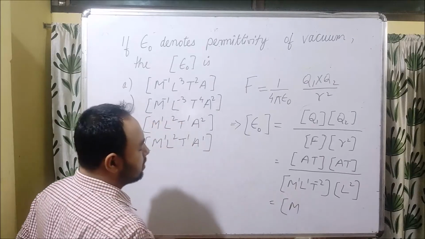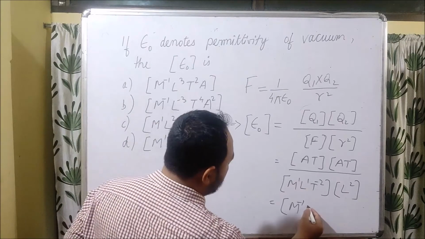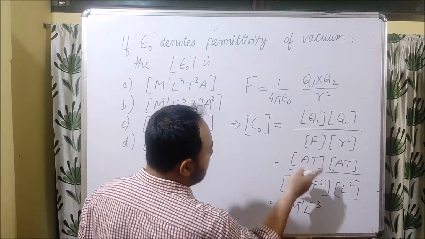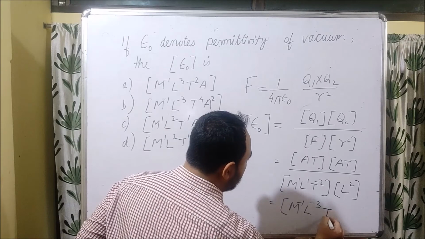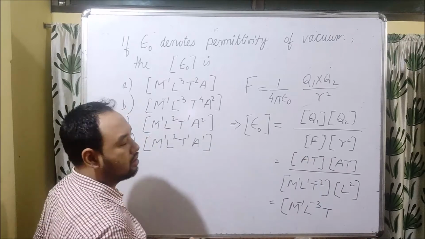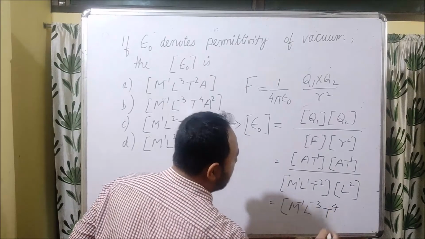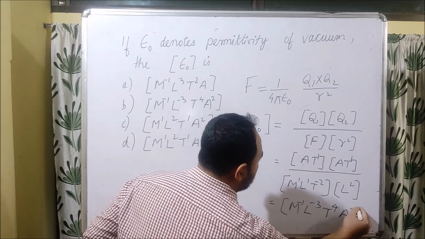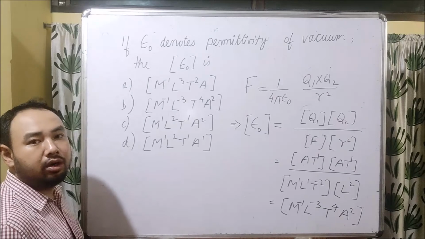Now if you calculate this, then m will be minus 1, then for length it will be minus 3, as 1 plus 2 it will move up, it will become minus 3. Then for t it will be minus 2, it will move up, then it will become plus 2, will add up with this 1 and 1, then it will become 4, and for current it will be 2. So this is the dimensional formula for permittivity of vacuum.